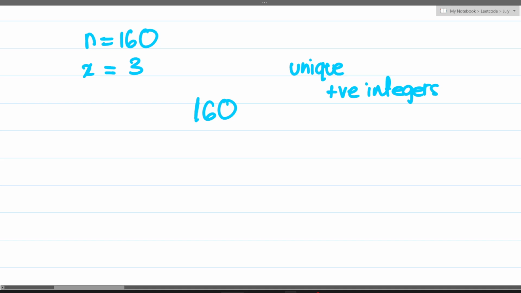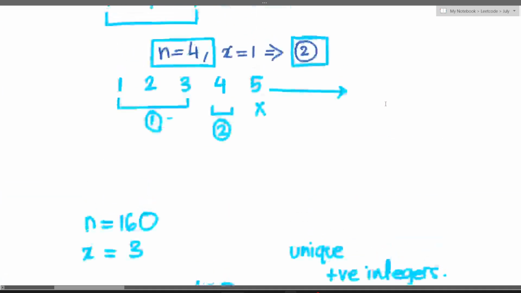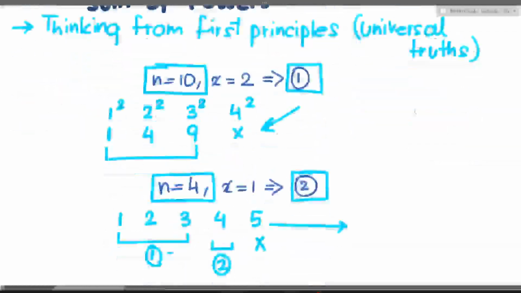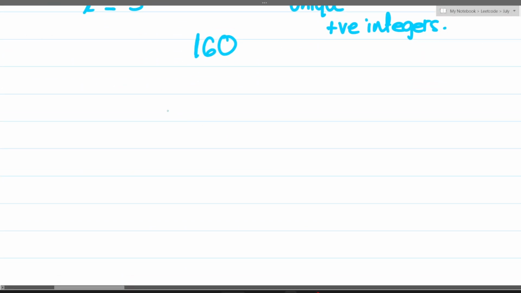Keeping in mind that I have to take some of those possibilities and I do not have to take some of the others, let's try to subtract 1 to the power 3 from 160, so the resulting number is going to become 159.